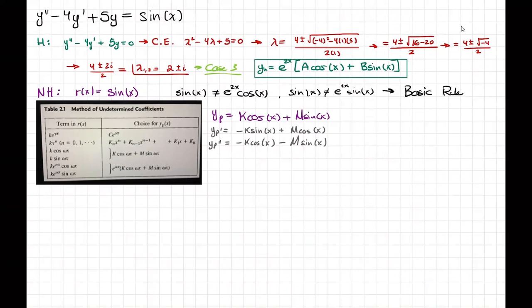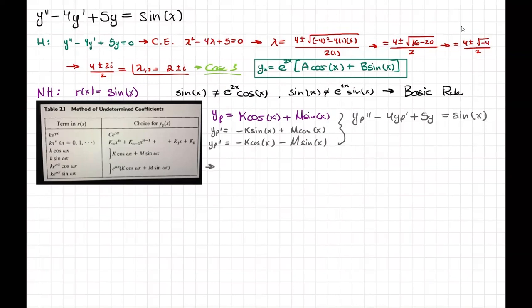So let's plug into my original equation. You can see that my equation should be yp double prime minus 4yp prime plus 5yp, not y prime, equals sine of x.